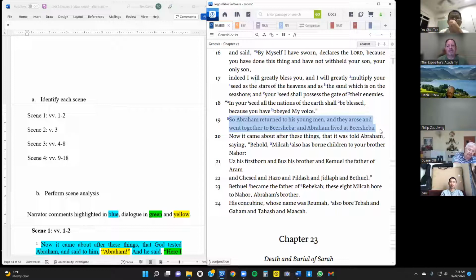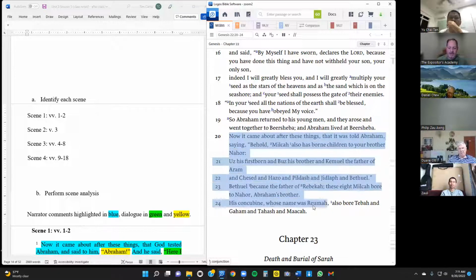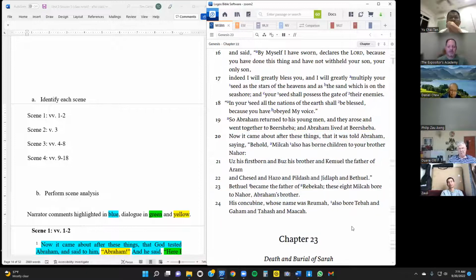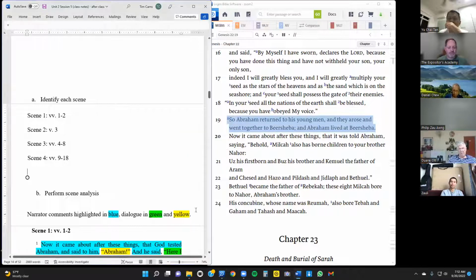And then the narrator gives us some background information to continue the larger narrative in Genesis of what's going on. But this account in Genesis 22 with Abraham and Isaac concludes at verse 19. Okay, so those are the particular scenes that we can identify in the story.